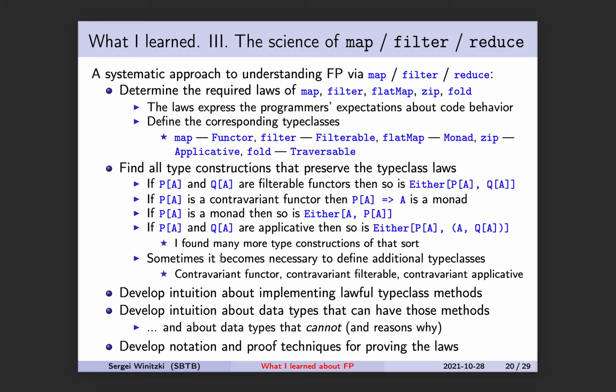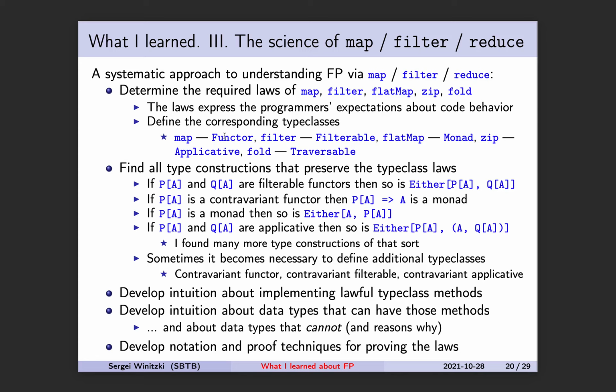So I found many more type constructions of that sort, where I take one or two existing type constructors with known type class instances, and I can make new ones out of them. And sometimes it turns out it was necessary to define new type classes, like contravariant filterable and contravariant applicative.